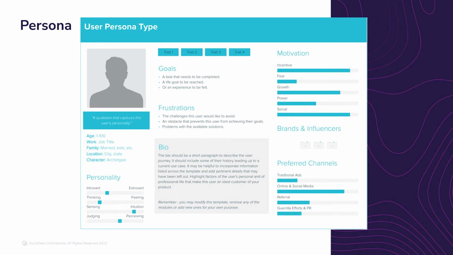So it's taking everything that we learn within that user research and putting it into a profiled resume of sorts, and understanding each persona. There may be one persona for a data product. There may be several, but it's important, if there are several, to have distinct personas and understand the differences between them.